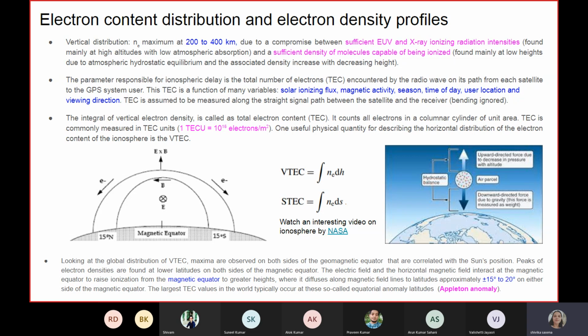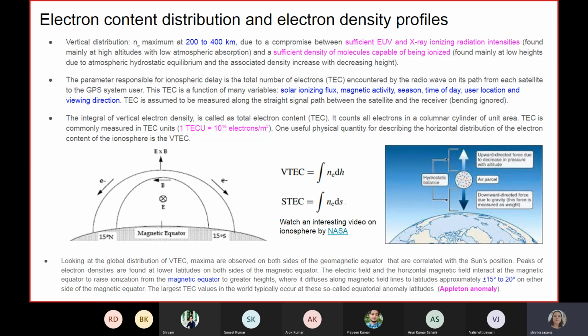Why do they occur? The electric field and the horizontal magnetic field interact with each other at the magnetic equator to raise the ionization to some height above the Earth's surface. When they rise, just like a fountain, they then fall back at these two locations, lower latitudes, on both sides of the magnetic equator.